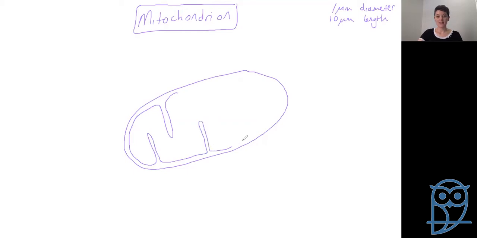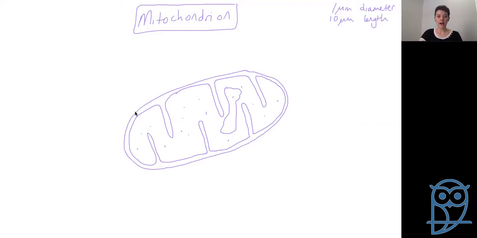And as usual, structure and function are very tightly linked. So we'll get the structure going and then we'll have a look at everything that's going on. This pen doesn't like doing dots so much, so you can imagine that these are beautiful dots. Okay, so what have we got? Let's start with the outside, the membranes.